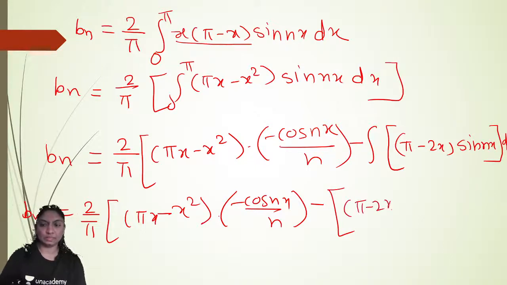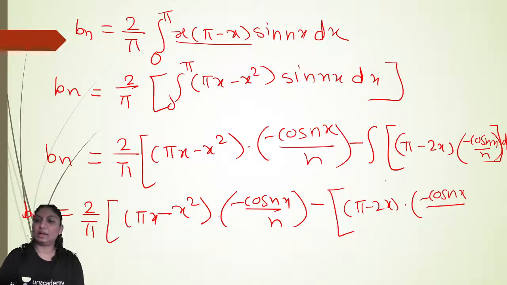Retain the first into the integral of the second, minus the integration of the derivative of the first into the integral of the second. Here, into the integral of the second, minus cos nx upon n, and here retain the first into the integral of the second. Now the integration of cos nx is sin nx upon n.